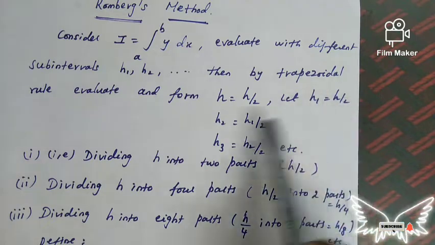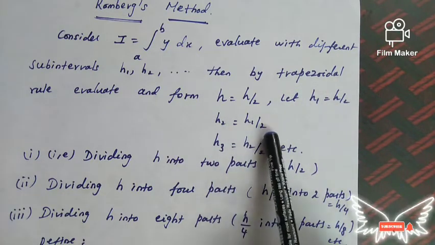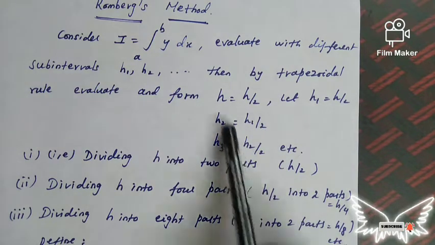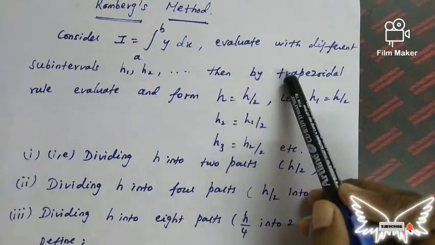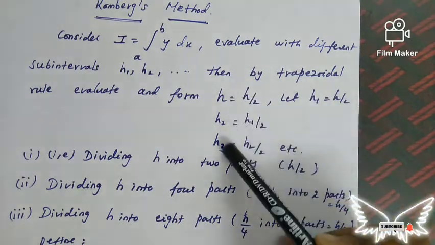In the same manner for h2, that is h1 by 2, we evaluate the integral value using the trapezoidal rule. Likewise h3 also. So first we apply the trapezoidal rule with intervals like h, h2, h3.